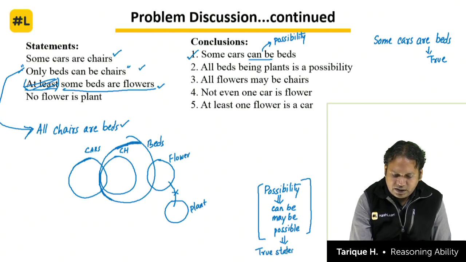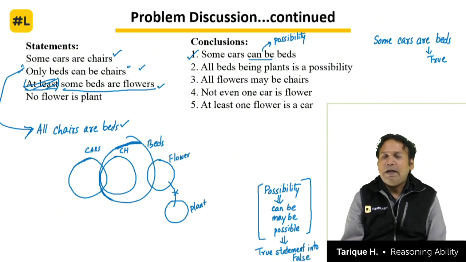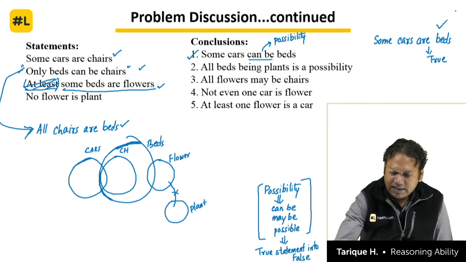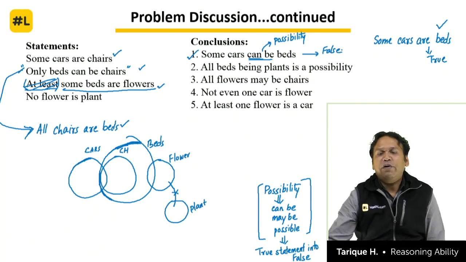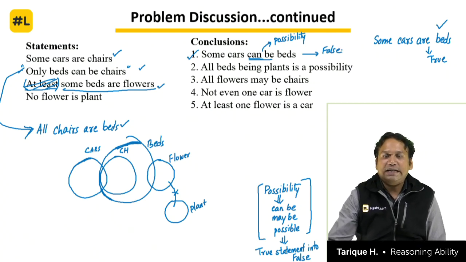It converts a true statement into a false statement. This is very important. Understand this. We know that some cars are beds is true. The moment we add can be here, this becomes false. We know it is 100% sure, then why are you saying that it is possible?